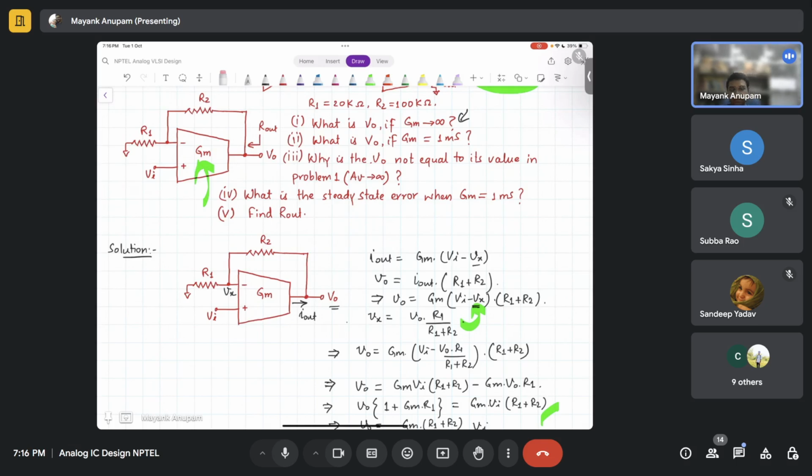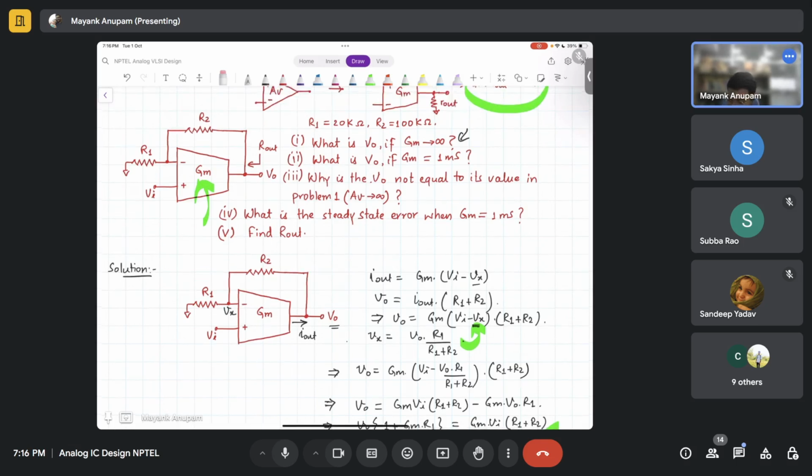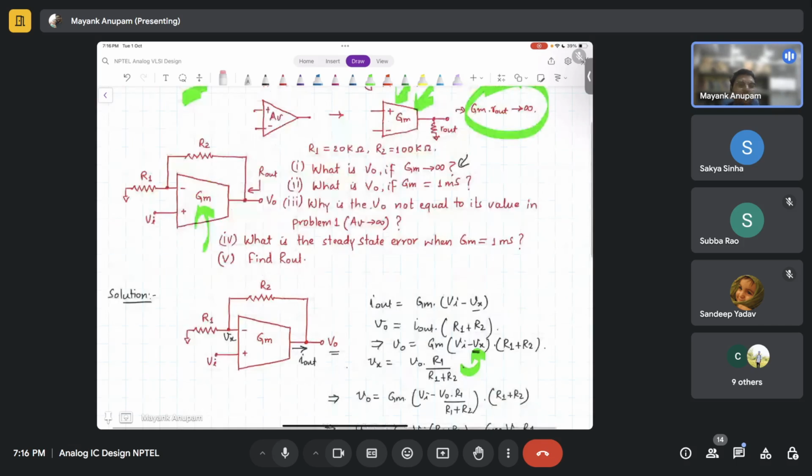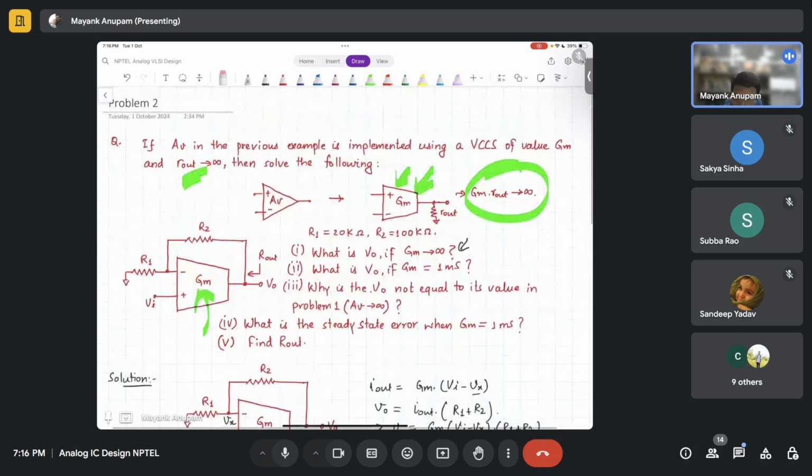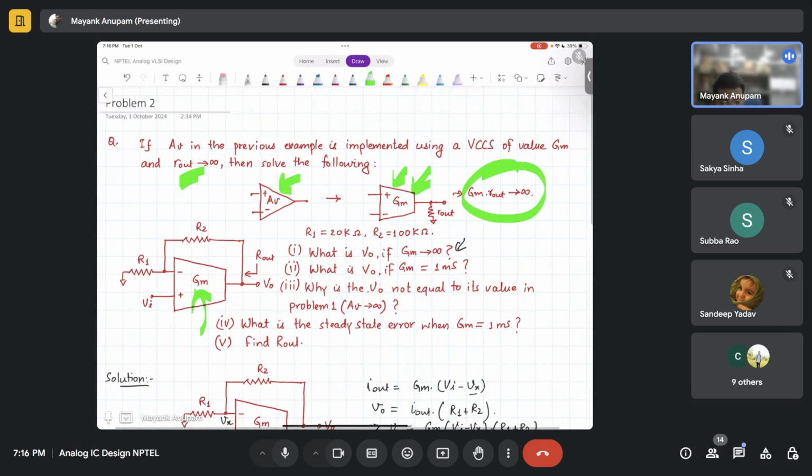Okay, so you are thinking along the correct lines, but you have framed your argument slightly incorrectly. For the previous problem's condition to hold true, we need an ideal voltage controlled voltage source. A voltage controlled voltage source has the special characteristic that its output resistance is equal to 0.